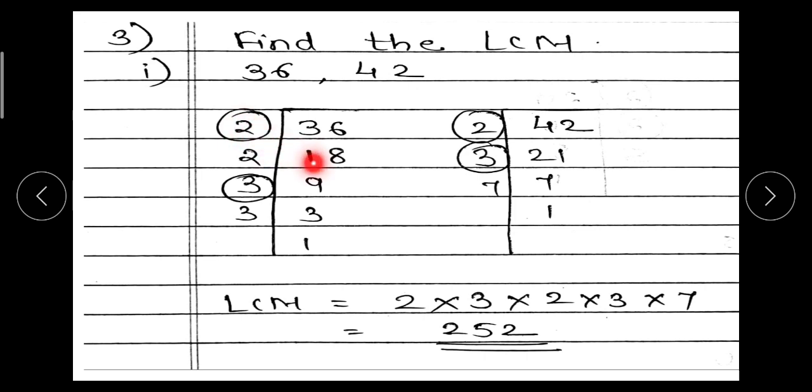2 18s are 36. 2 9s are 18. 3 3s are 9. 3 1s are 3. 42: 2 21s are 42. 3 7s are 21. 7 1s are 7. LCM.